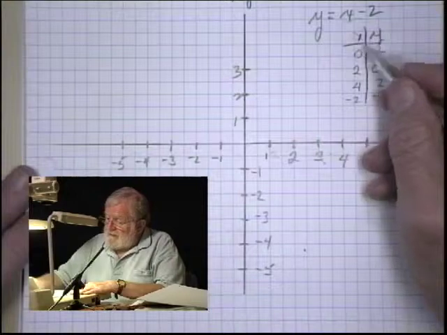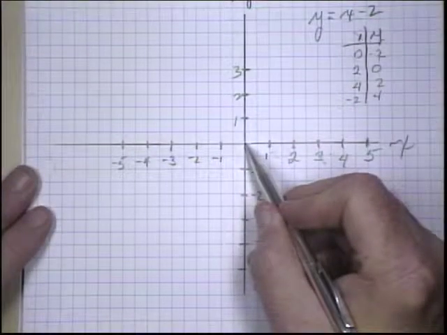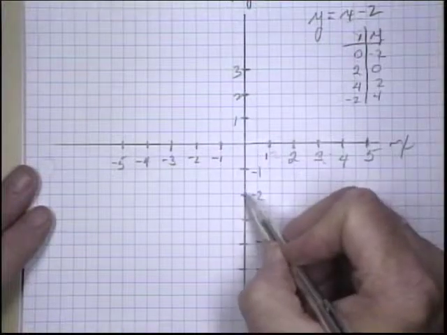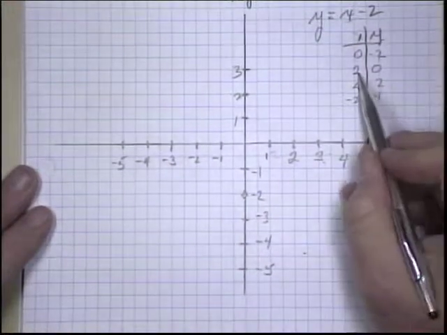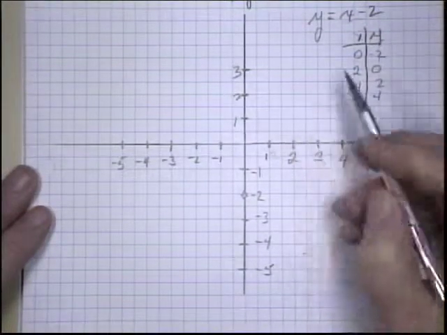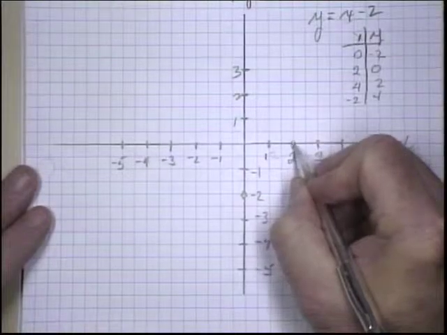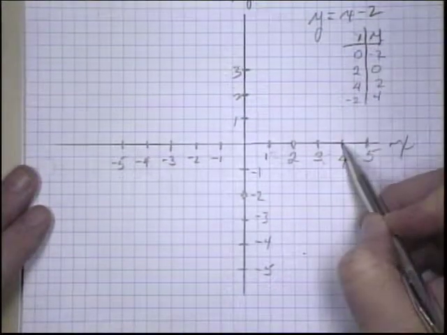So 0 and a minus 2 in the y would be right here. x equals 2 right here, and y equals 0. That would be a point on this line. X equals 4, here's 4.